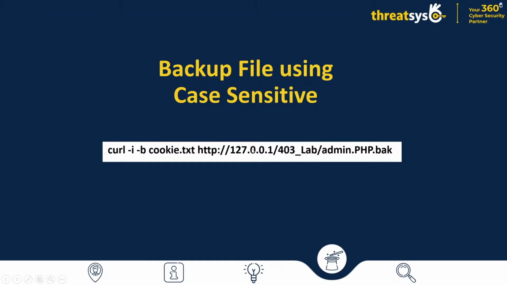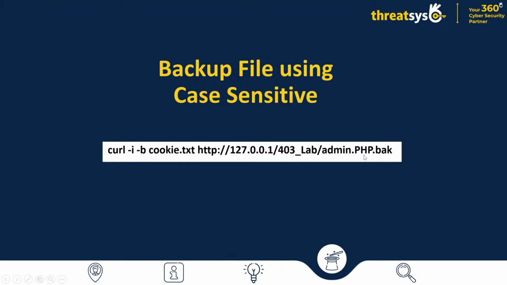Here is the command where I'm using curl and -i to get the HTTP headers in the response. Then -b I'm using to use a cookie that is stored for a logged-in user. Then I'm using the loopback address, 127.0.0.1, with admin.php.